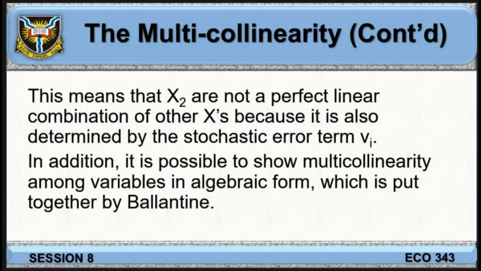In addition, it is possible to show multicollinearity among variables in graphical form, which was put together by Valentine. The circles y, x, and z in figure 10 represent the variation in y, the dependent variable, and x and z, the explanatory variables. It is the extent of the overlap, the shaded area of the circles of x and z, that determines the degree of collinearity. In figure 10a, there is no collinearity because there is no overlap between x and z circles.